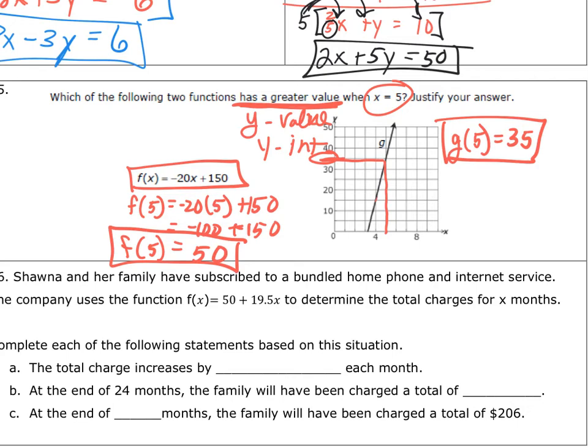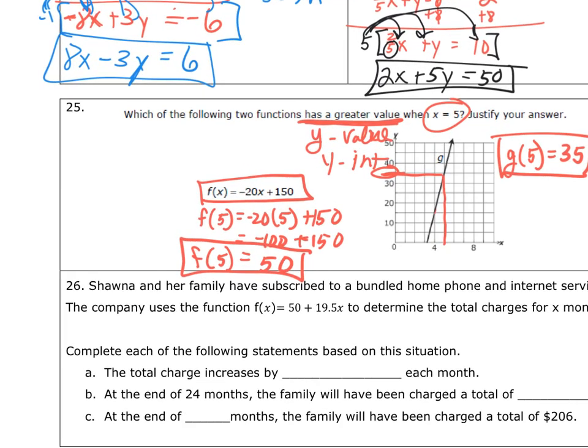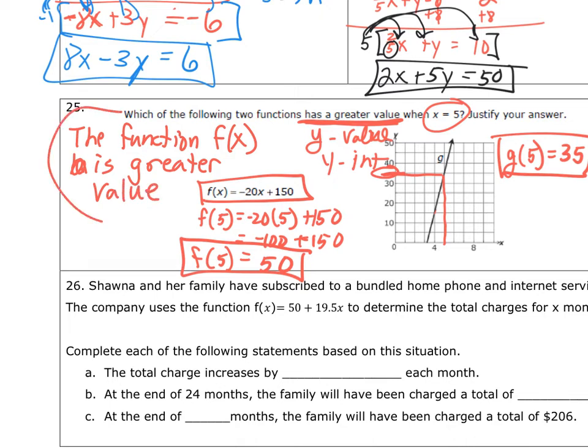Which one of these has the greater y term? Well, the answer is f of x. So the function f of x is greater. And me showing my work is how I justified my solution.